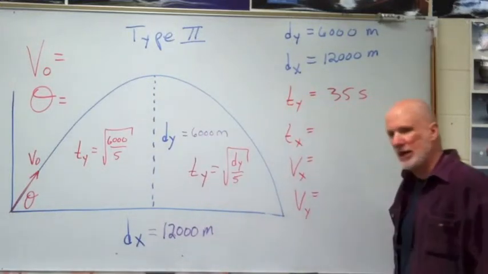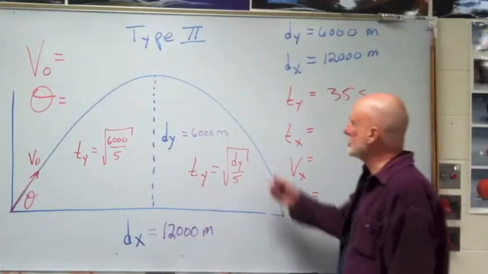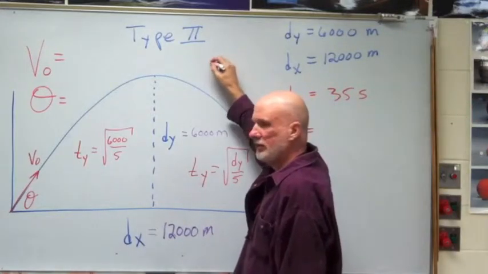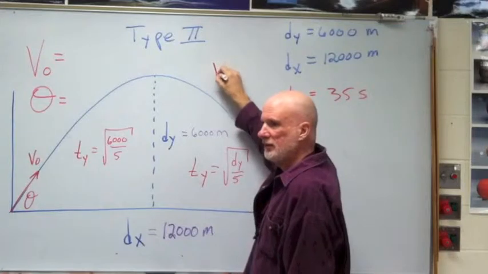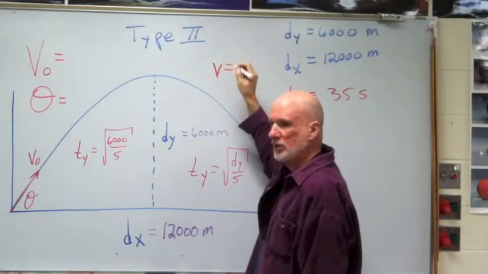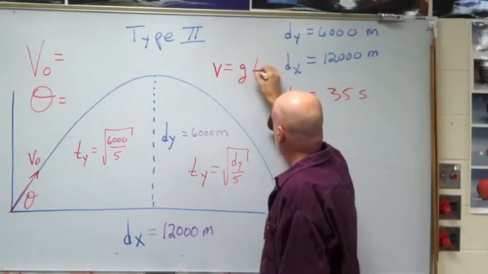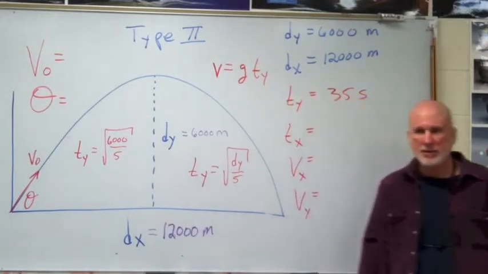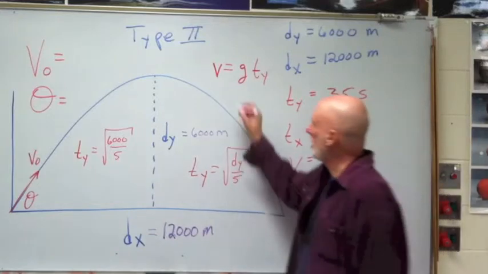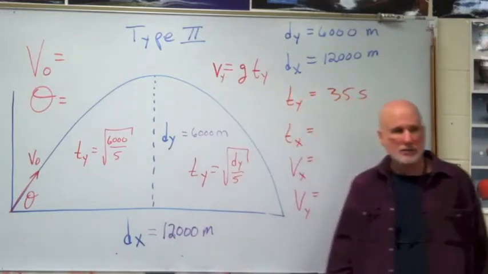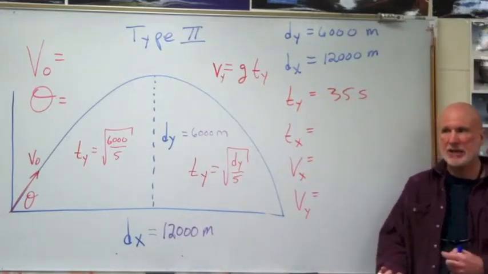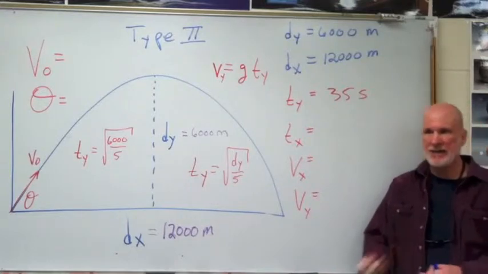Well, the equation we know for this is going to be V equals G Ty. So, every second, it's going to gain 10 meters per second.